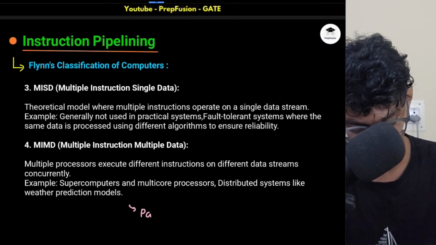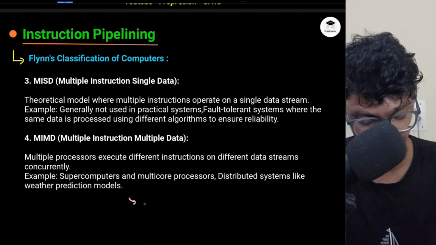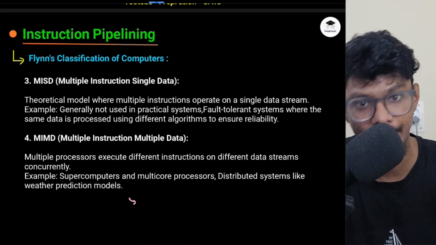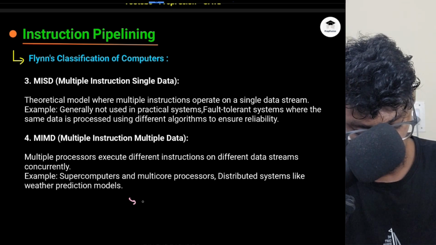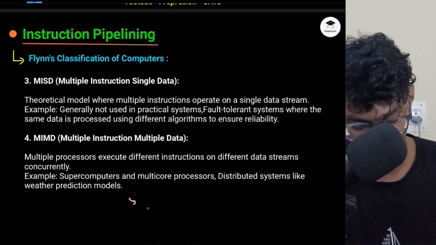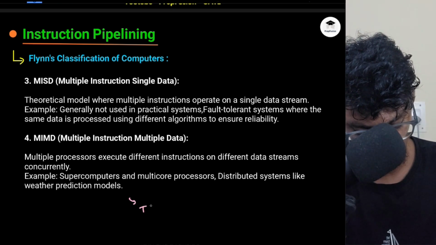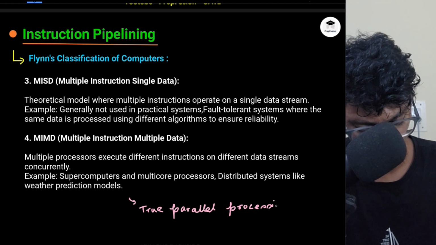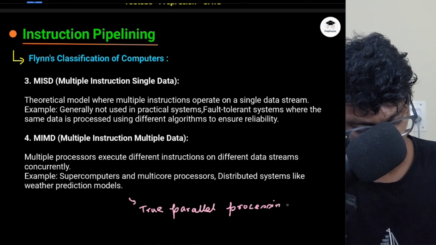This is the true parallel processing where I have multiple processors executing different instructions and they are happening parallelly.